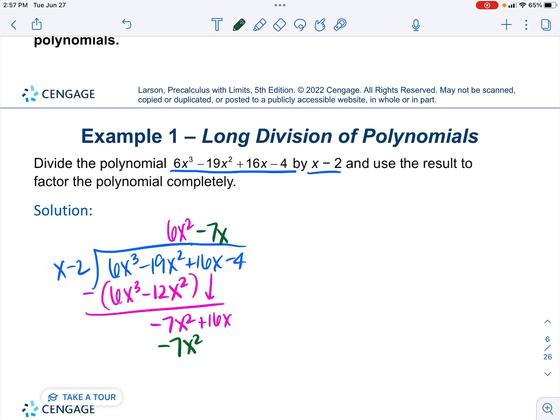Negative 7x times negative 2 is plus 14x. That was the multiply. Now we subtract. Negative 7x squared minus negative, or plus, 7x squared, those cancel out. 16x minus 14x would be 2x. Pull down that minus 4, and we'll start again.